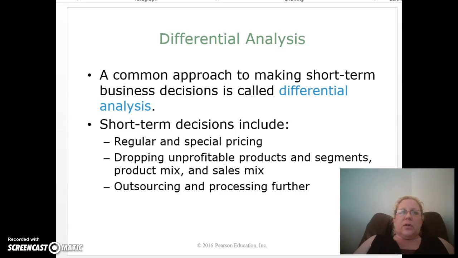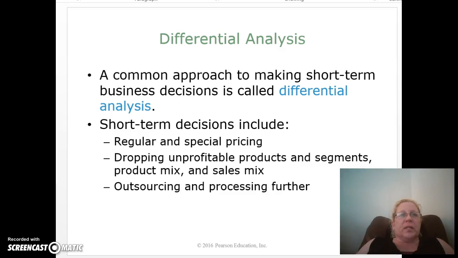Differential analysis is also sometimes called incremental analysis. Instead of looking at the company's entire income statement under each decision alternative, we just look at how operating income would differ under each alternative. Using this approach, we leave out irrelevant information, the costs and revenues that will not differ between alternatives.